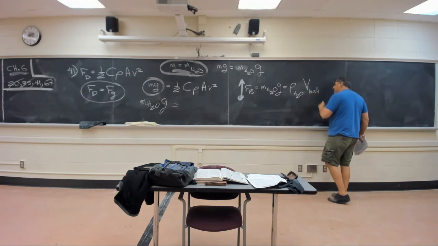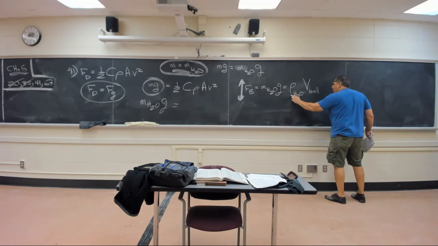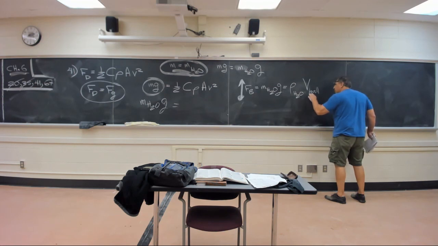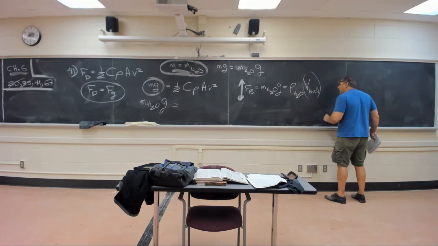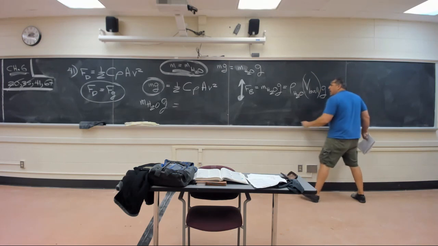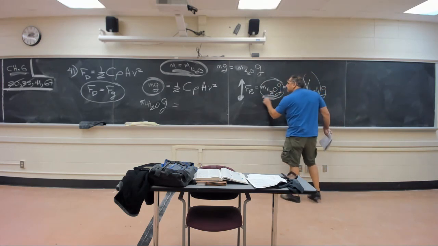That's where it gets a little confusing. Mass density of the water times the volume of water that's displaced, which is equal to the volume of the ball, times G, will give you the buoyant force.